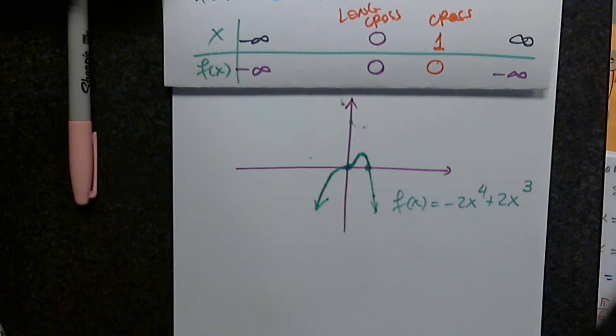Right. So now with the graphing calculator, let's put this function in y equals, clear, and we have negative 2x to the 4th, and then plus 2x cubed. I'll zoom 6 and use the same viewing window, and let's see what we get.